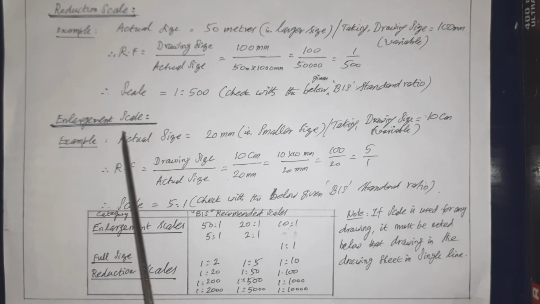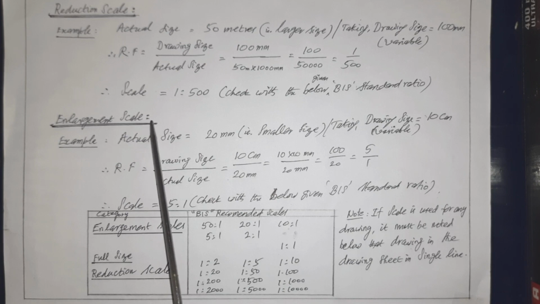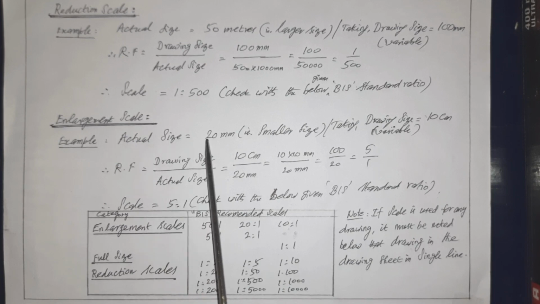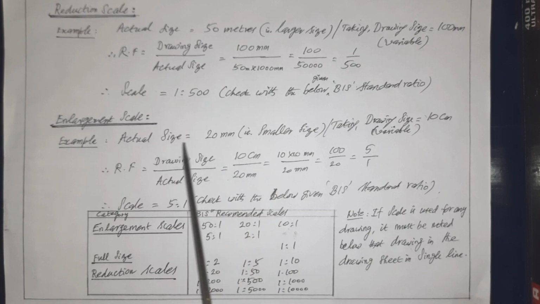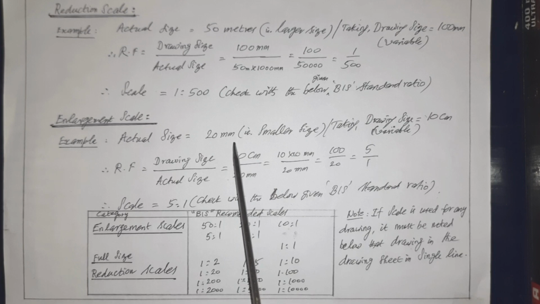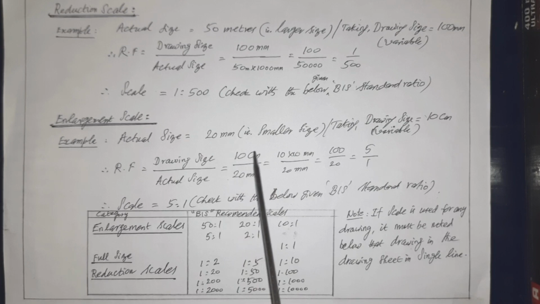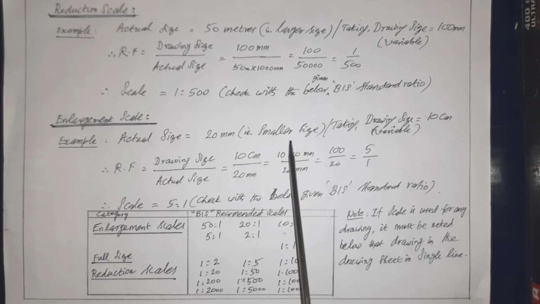Next, in the case of the enlargement scale, similarly, instead of 50 meters, we consider the actual size as 20 millimeters. In that case, it is smaller in size, so we have to go for the option of the enlargement scale.